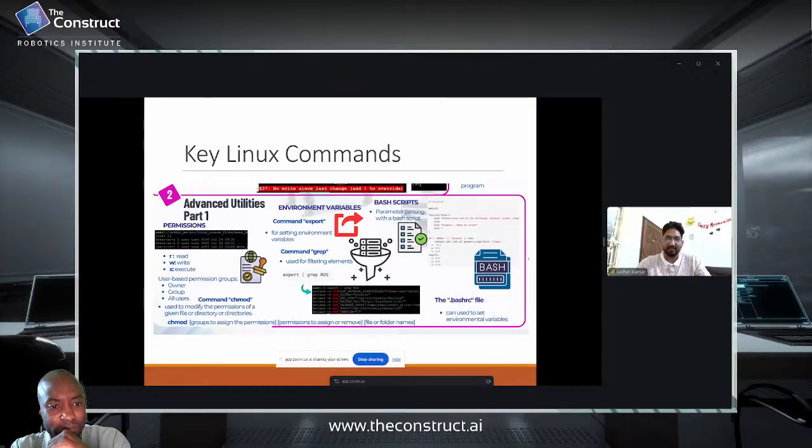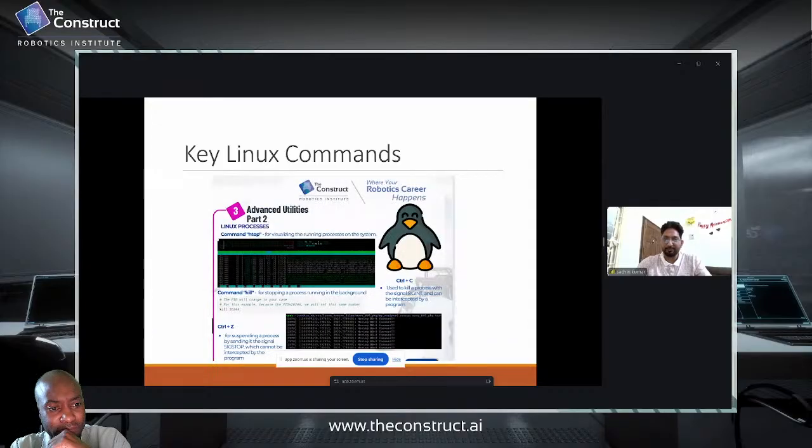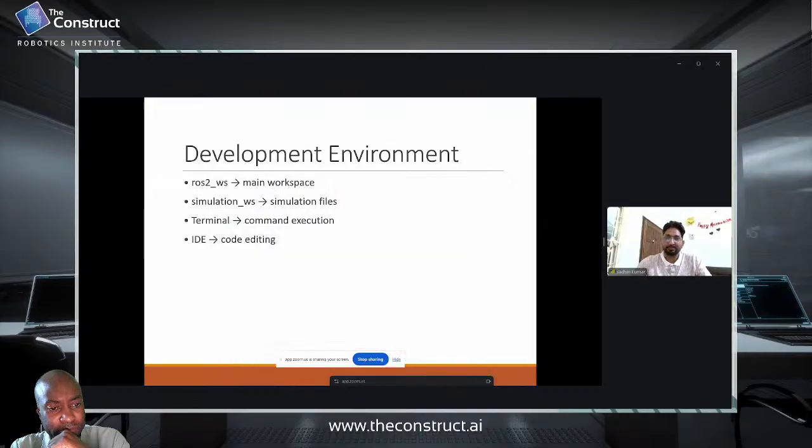Then htop shows what is running in your system, and you can use that command to visualize the processes. These are the development environment tools I have used to build such bash scripts.